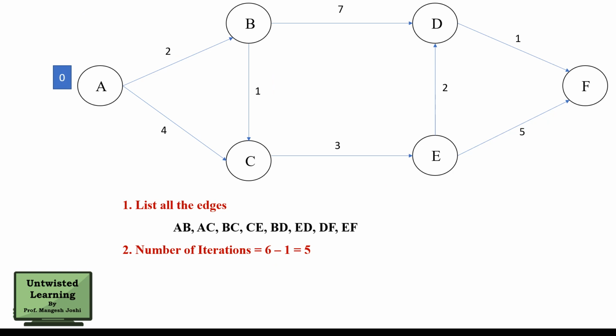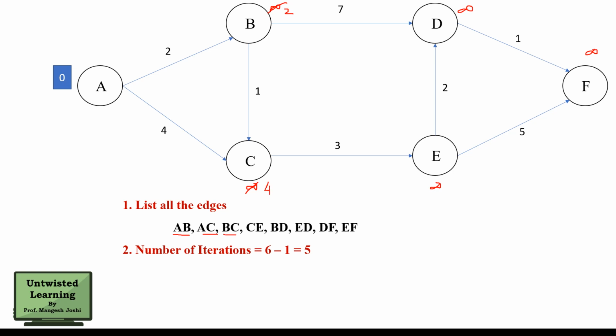We will go step by step, starting with AB. Initially everything will be infinity. So for AB, 0 plus 2, yes, it is less than infinity, so it is 2. Then A to C, 0 plus 4, yes, it is less than infinity, so this will be 4.